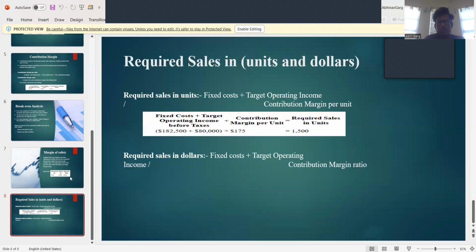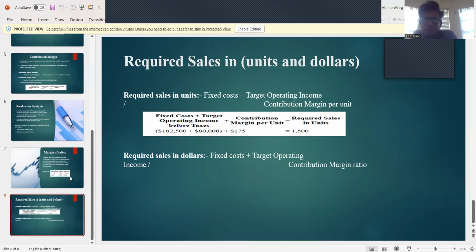The next point is required sales, and we can find it in units and dollars. If you have to find required sales in units, the formula is fixed cost plus target operating income divided by contribution margin per unit. There's just a little difference in calculating required sales in dollars, that is fixed cost plus target operating income divided by contribution margin ratio.